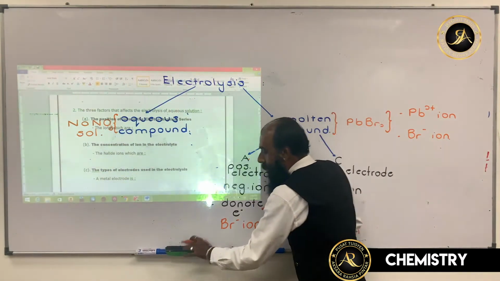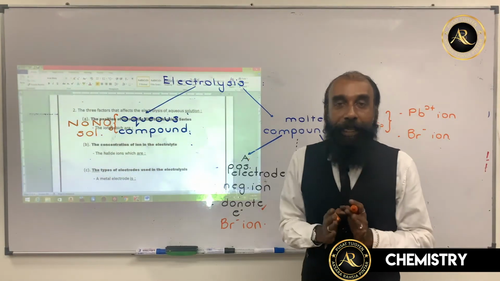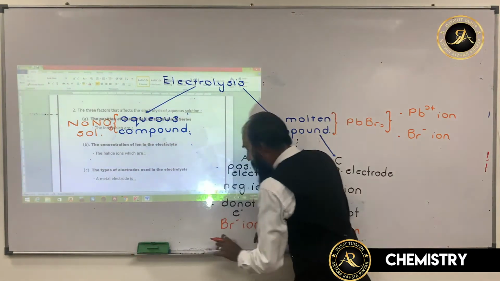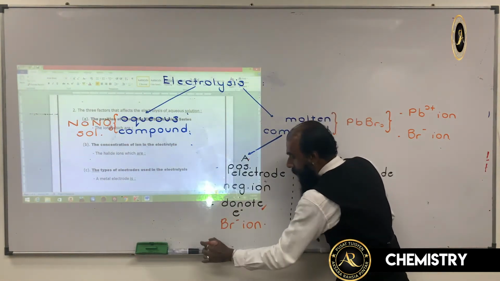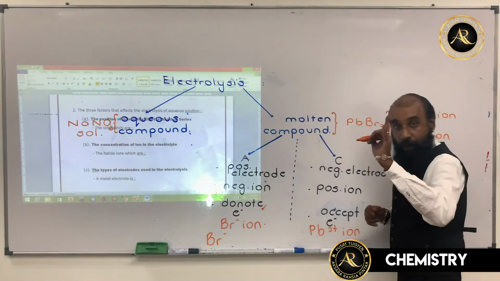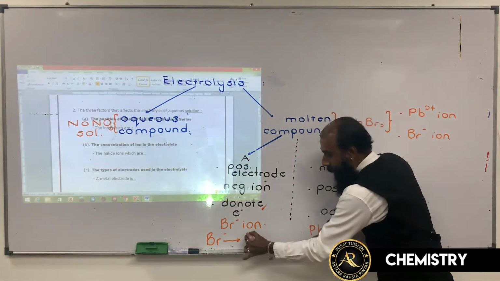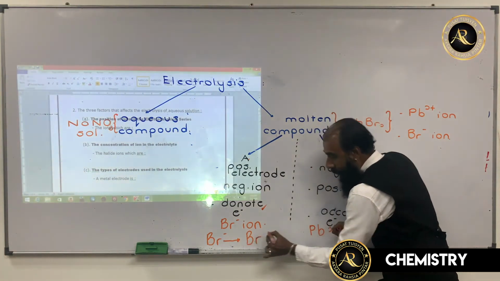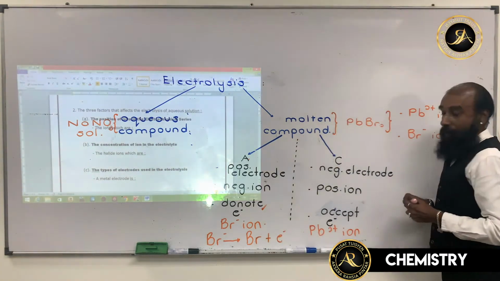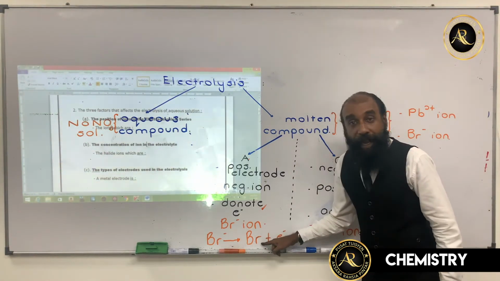Okay, now I'm going to show you a simple way to remember how to write a half equation. Okay, now students, bromide ion, Br negative. When you say donate, the arrow goes in front. Br negative donates, becomes Br, donating 1 electron. But remember, the product is Br2.